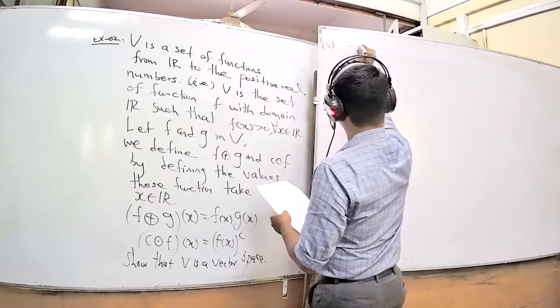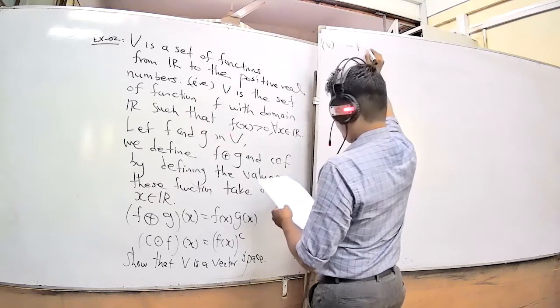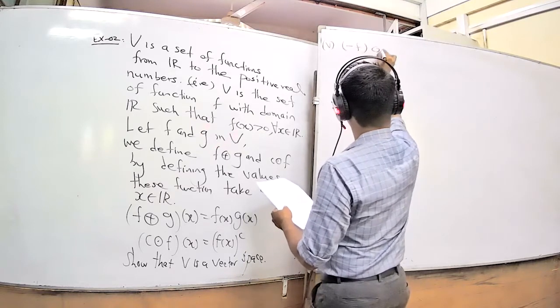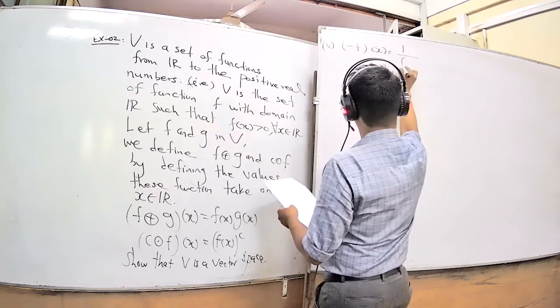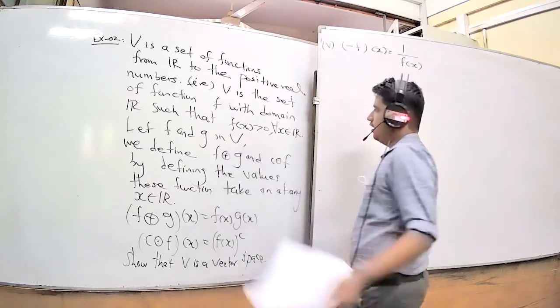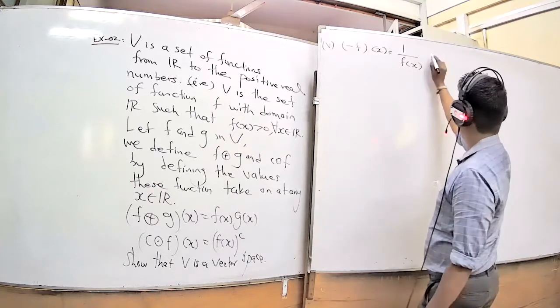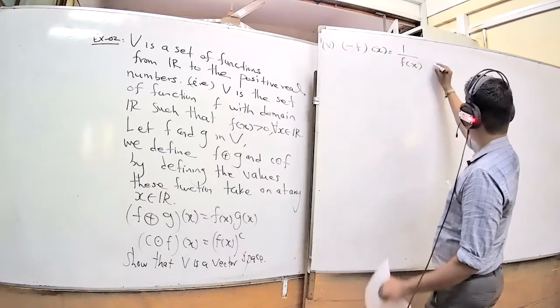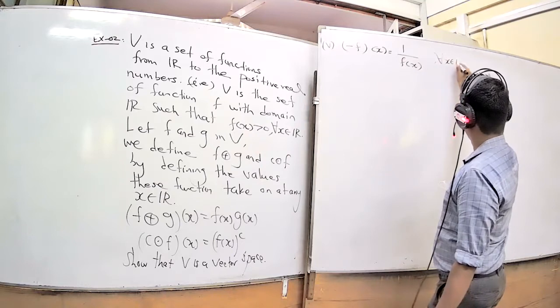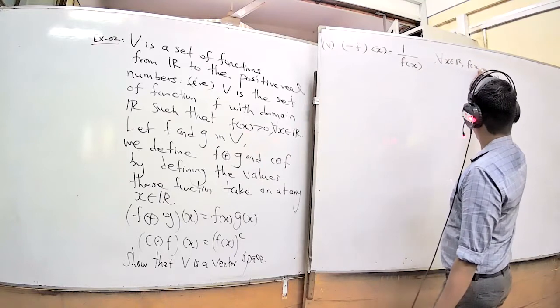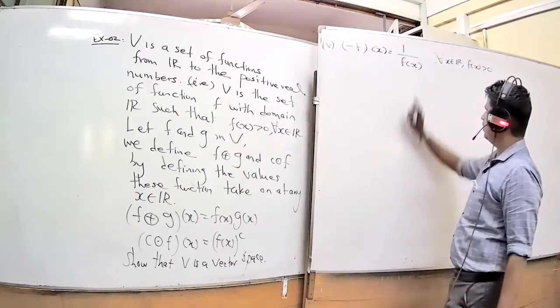You define this function minus f of x. Obviously, this exists because f of x is strictly greater than 0, therefore it does not equal 0, therefore this one exists for all x belonging to the real numbers.